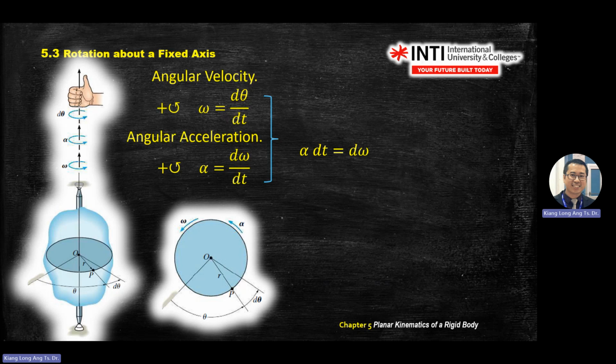This one you learned in chapter 1. Do the same: acceleration changes to alpha, s changes to theta, v changes to omega, so alpha d theta equal to omega d omega. This is what I want to highlight: we are actually changing particles into rigid body. It's the same.